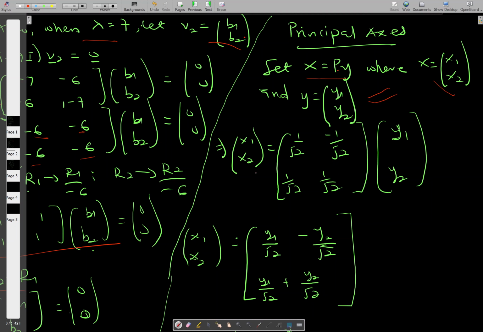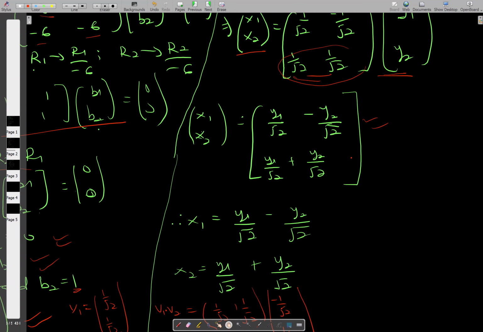So therefore x, this P, this y. So when you multiply this matrix by the vector, we get y1 over root 2 minus y2 over root 2. And when you consider the second row, we multiply by the vector, that will be y1 over root 2 plus y2 over root 2. But you see, these two vectors are equal. Okay, that's equality of vectors.